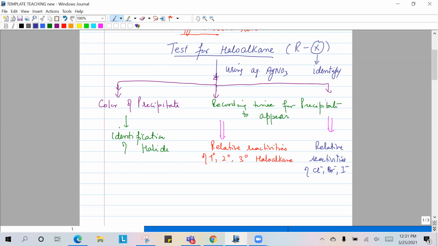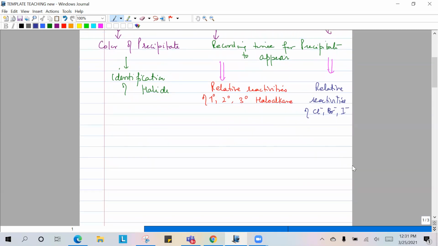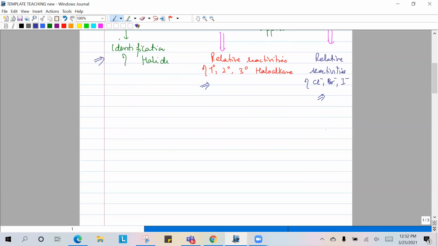The way to do the test is the same, but the information you get will help determine whether you want identification, the relative reactivity of primary, secondary, and tertiary, or the relative reactivities of chloride and bromide. As I told you, the way to carry out this reaction is exactly the same for all three.